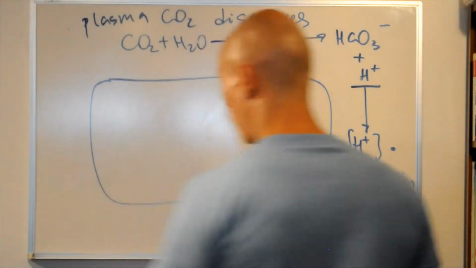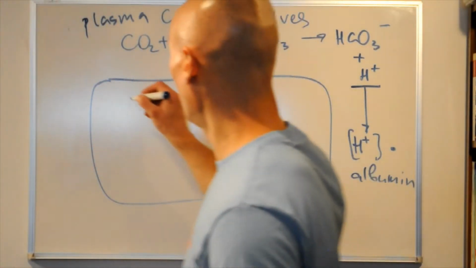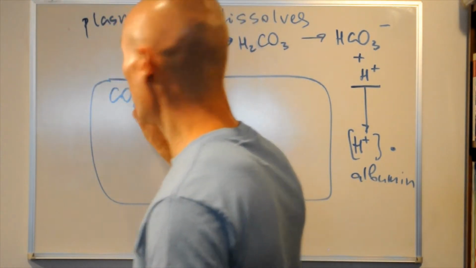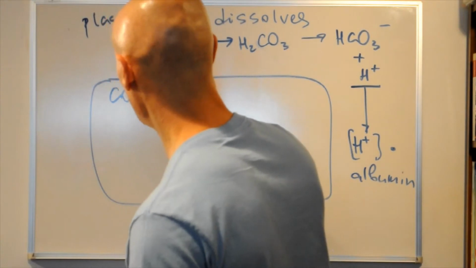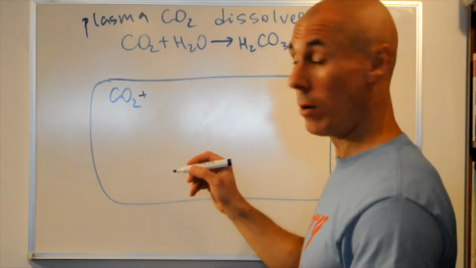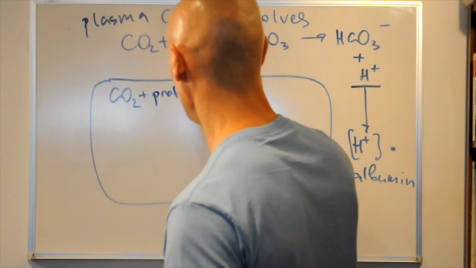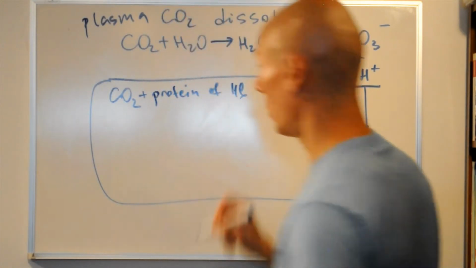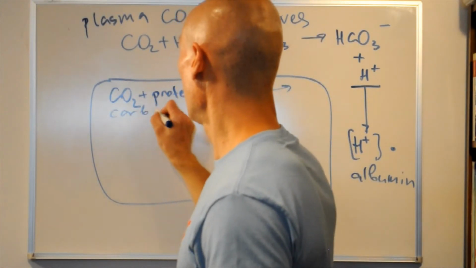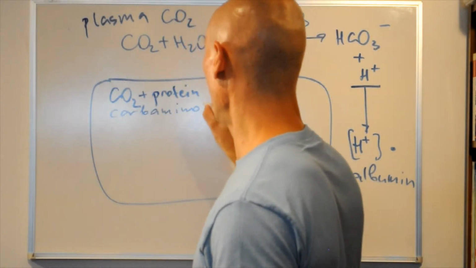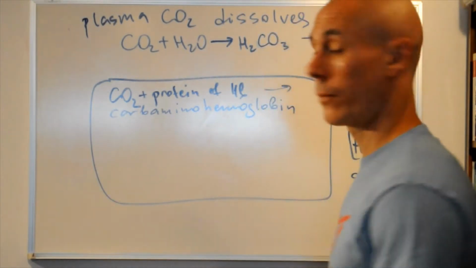Now, another part of the transport, not really super important, is CO2 binds to the protein of hemoglobin, forming carbaminohemoglobin.